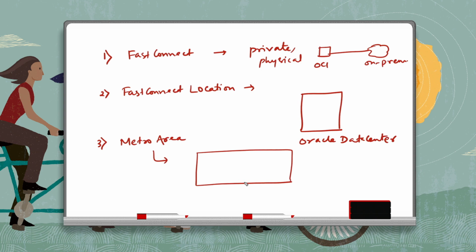This is a geographical area with multiple Fast Connect locations. Let's say this is Fast Connect location 1. This is Fast Connect location 2. So it's an area with multiple Fast Connect locations.